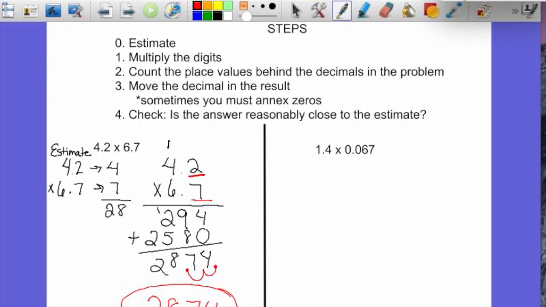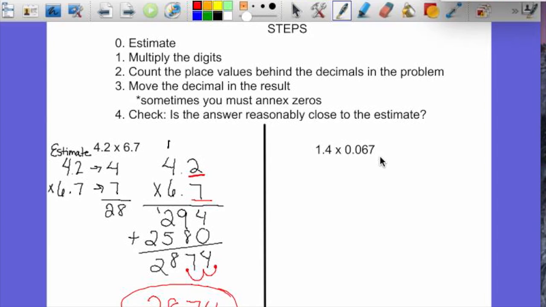Okay, so second problem here, it's a little different. You've got 1 4/10 times, this one's a little harder to read, so I have to think about my place values. So this is tens place, hundreds place, thousands place. So 67 thousandths. So let me read that again. 1 4/10 times 67 thousandths.